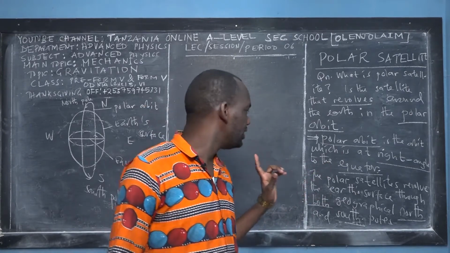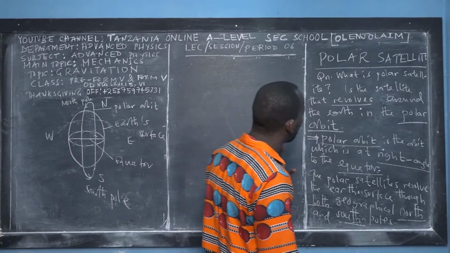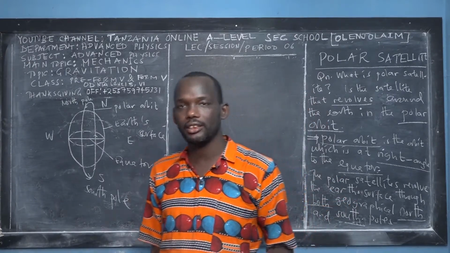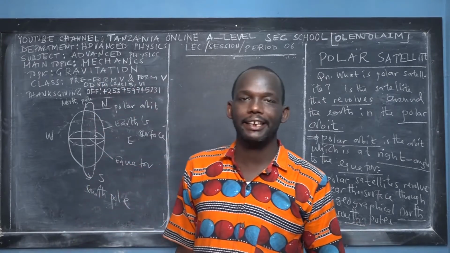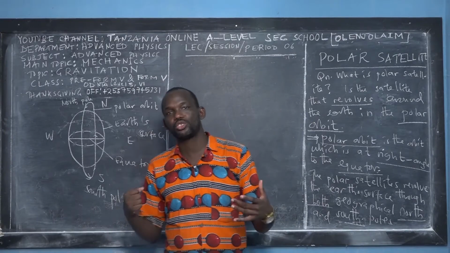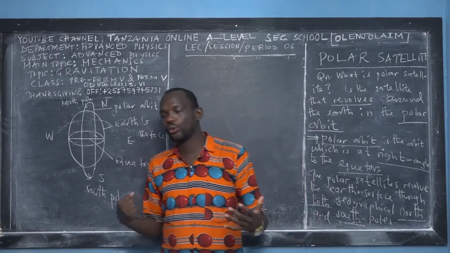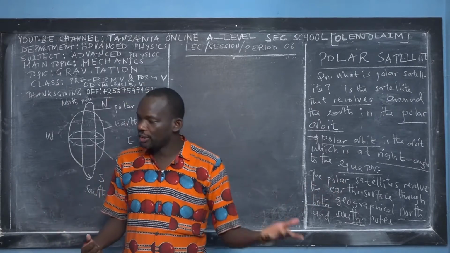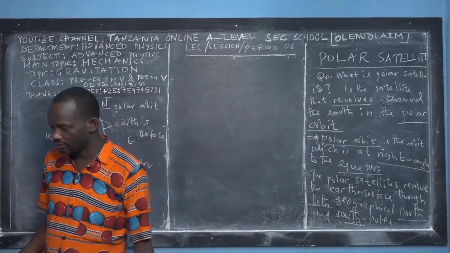So before I end this session, I would like to tell you the basic applications of this satellite. Why does the Earth need polar satellites? Where do we apply them? Why was the Earth not satisfied with geostationary satellites? I would like to answer that question quickly, then leave the homework for you, and meet you in session 7 after this.